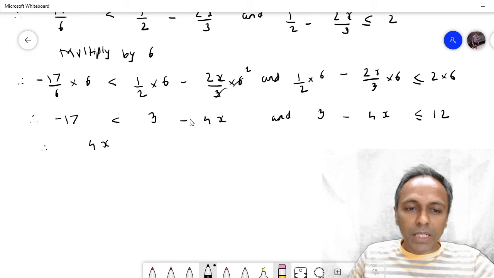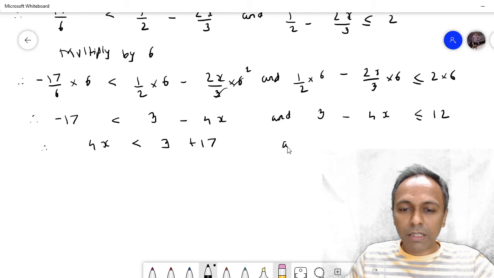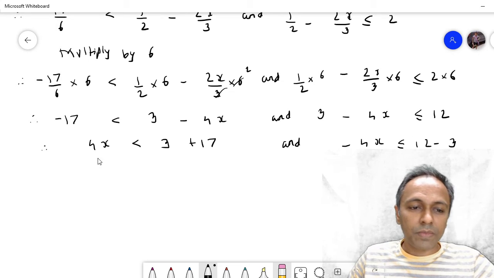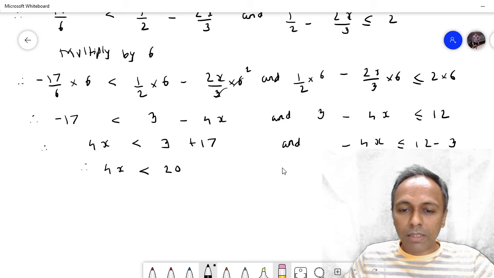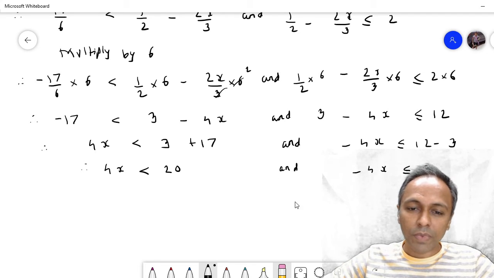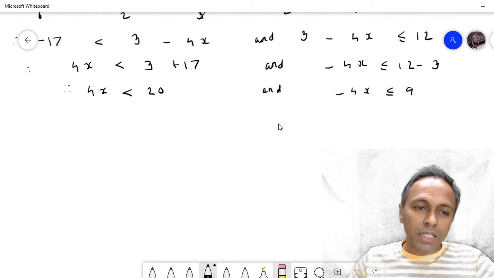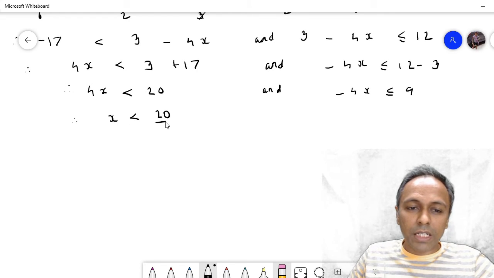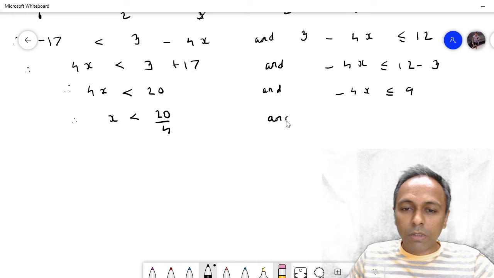Therefore 4x, if minus 4x is brought on that side, is less than 3 plus 17, and here minus 4x is less than or equal to 12 minus 3. Therefore 4x is less than 20, and here minus 4x is less than or equal to 9. Let us divide by 4. Therefore x is less than 20 upon 4.